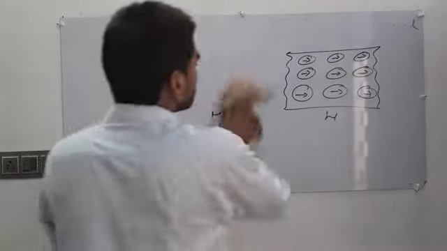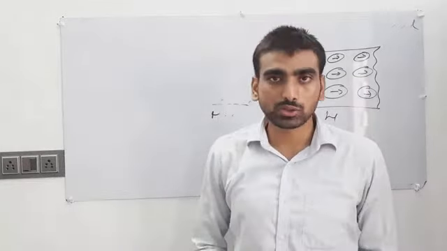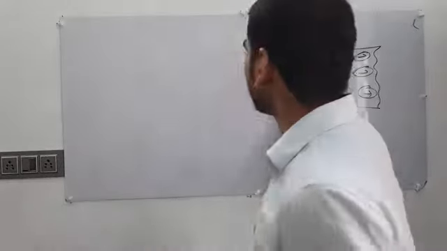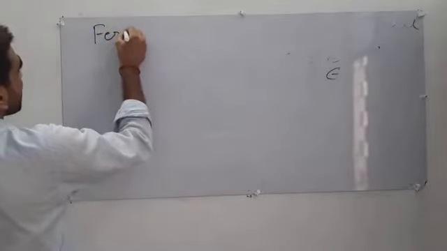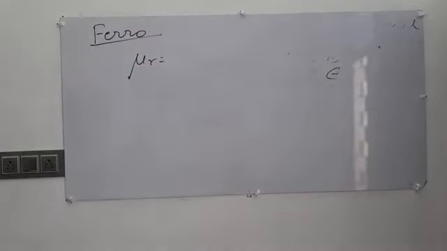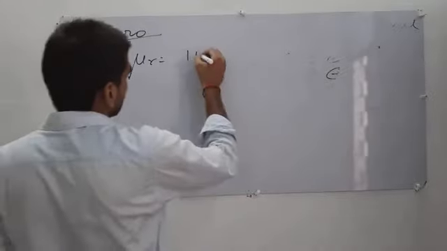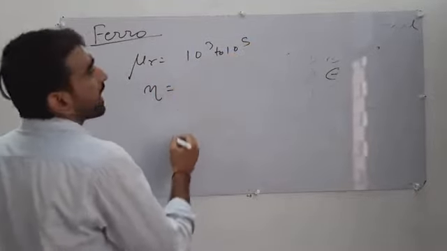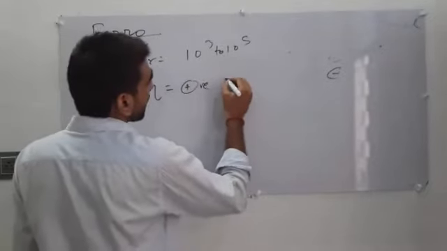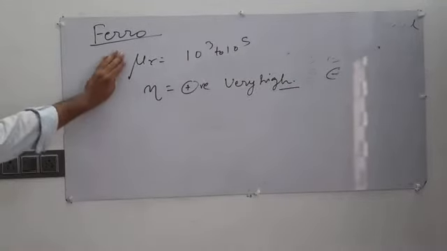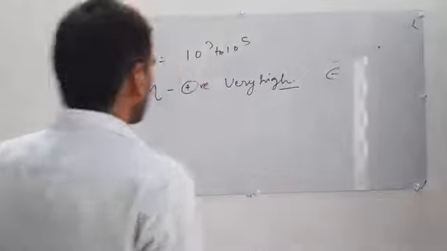That means the relative permeability of ferromagnetic material is of the order of 10 to the power 3 to 10 to the power 5, and the susceptibility is also positive but very high.